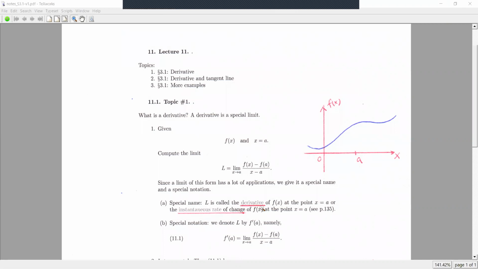A less popular name is, we call L the instantaneous rate of change of the function at the point a. The special notation is, instead of using L to denote this limit, we use f prime of a, namely f prime of a is this limit.